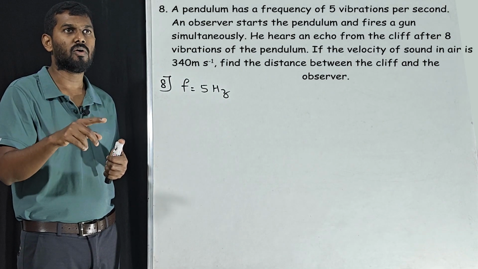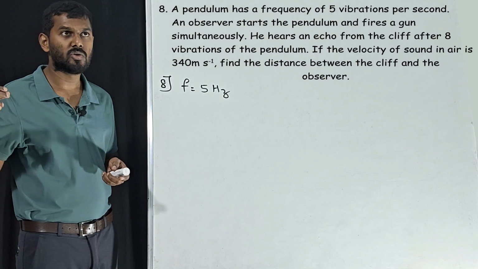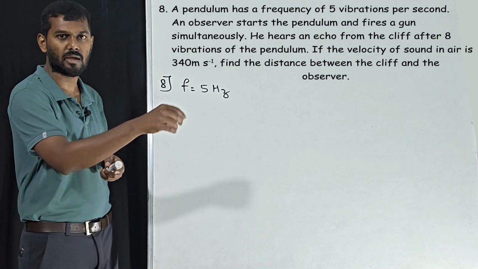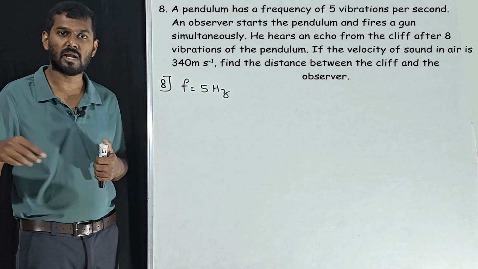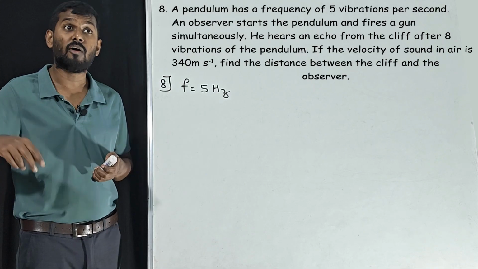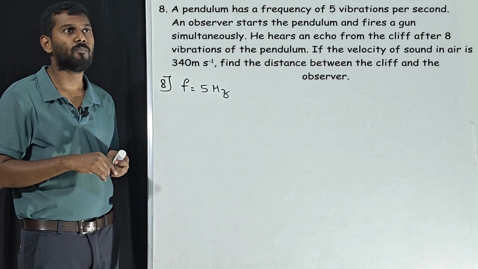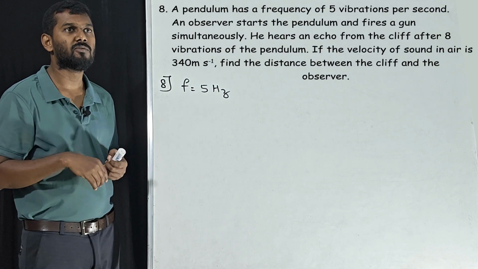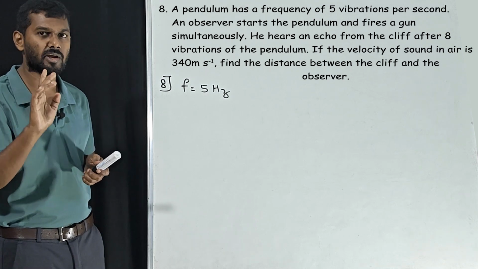He hears an echo from the cliff after 8 vibrations. So 8 oscillations. See, moving and coming back is one oscillation, that is nothing but one vibration. After 8 vibrations, he can hear an echo. Then if the velocity of sound is 340 meters per second, find the distance. We need to find the distance.